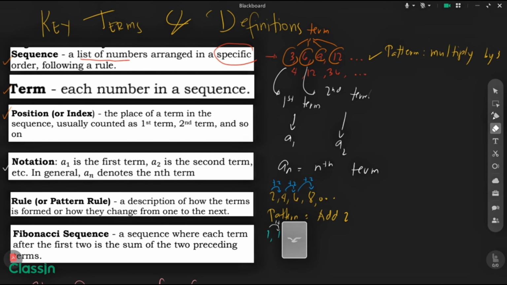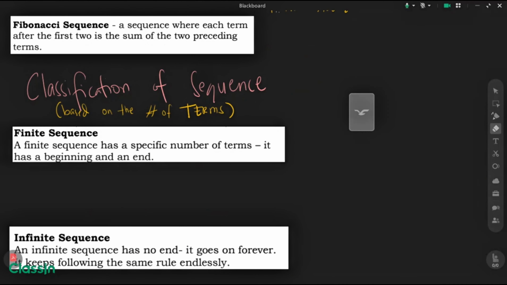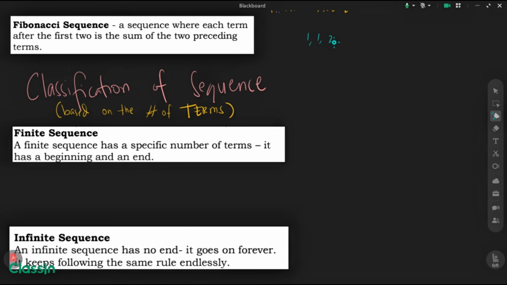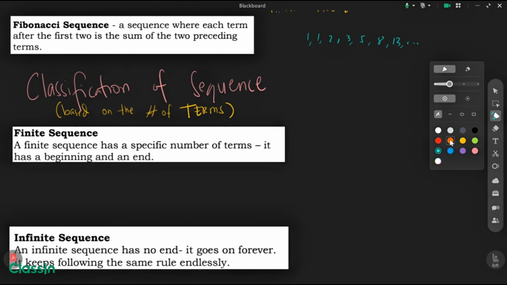Alright, I'm going to repeat it. Again, for the Fibonacci sequence, the example here is 1, 1, 2, 3, 5, 8, 13. So here we need to add the two preceding terms in order to get each term.